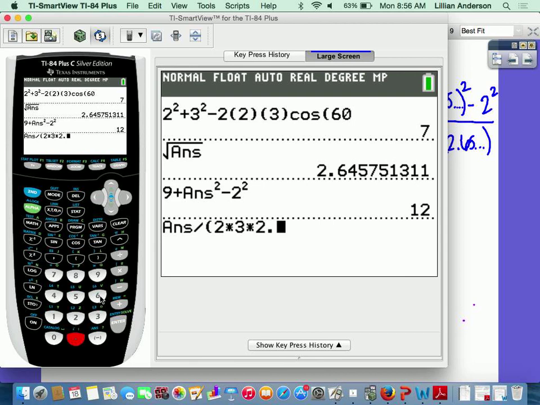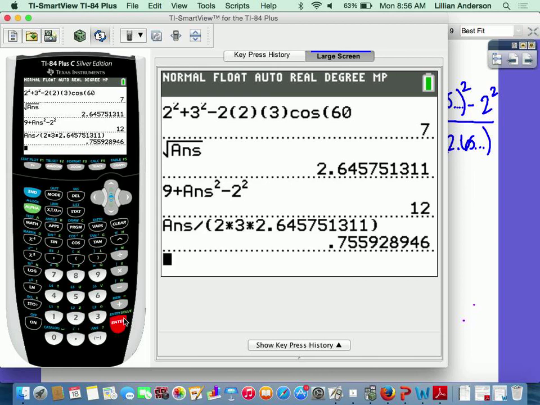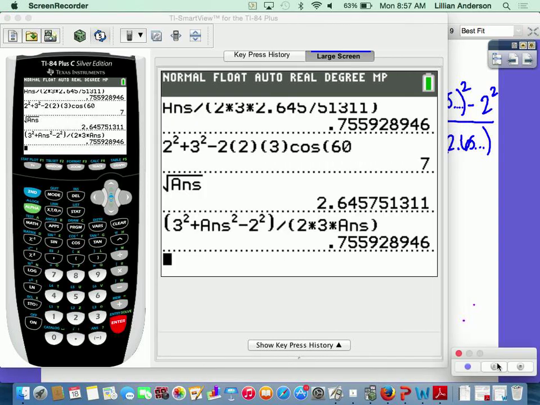You have that option to go back. So it's about 0.7559.